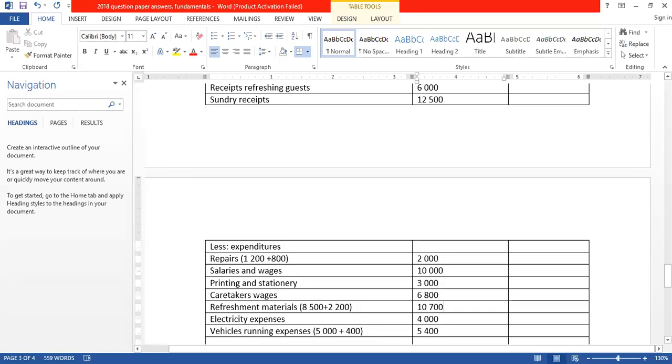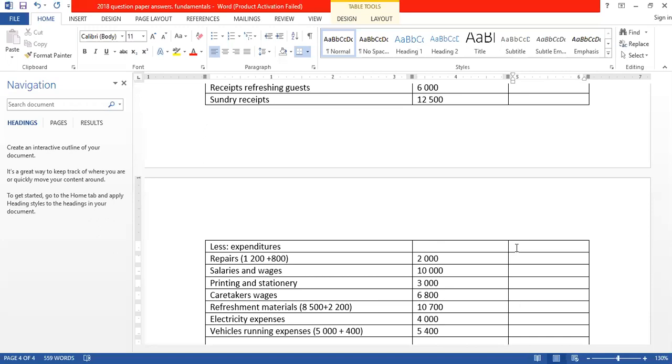Okay, so let's try adding up all our expenses or our expenditures. So we have 2,000 plus 10,000, and then we add 3,000 plus 6,800 plus 10,700.